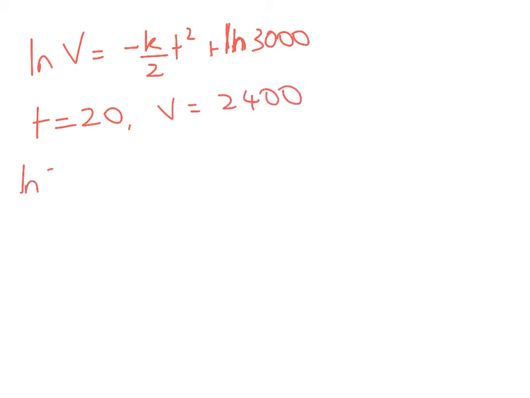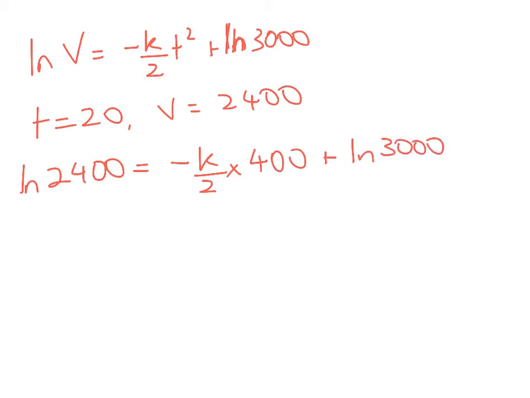So the log of 2400 is equal to negative k on 2 times 400 plus the natural log of 3000. And we're going to solve that to get k.